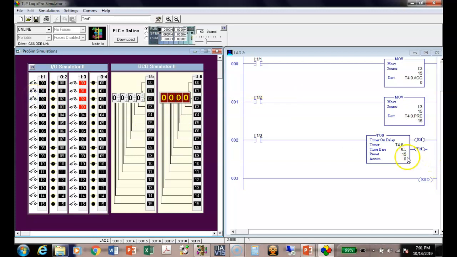And what did my preset go to? 15. I'm going to come over and just randomly switch numbers. And then I'm going to hit this again. And then if you were to take this big old binary number over here and convert it into decimal, it would be 3,503.